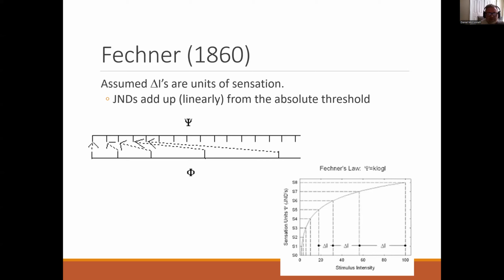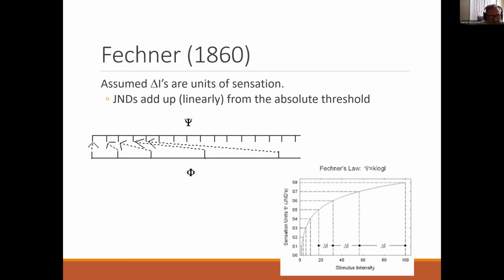Now, Fechner is trying to make an argument here that these sensation units are all equally sized. That's why we're going to call them a unit of sensation, because they have common units. They are all the same scale, so they are linearly adding up. If you look at the spacing of these dashed lines on this graph between S1, S2, S3, S4, they are all equally spaced out from each other, right?